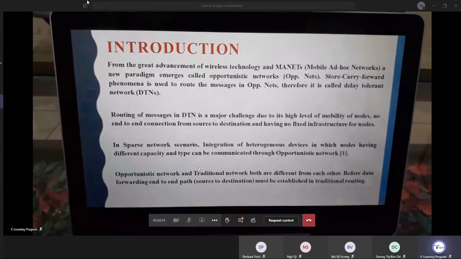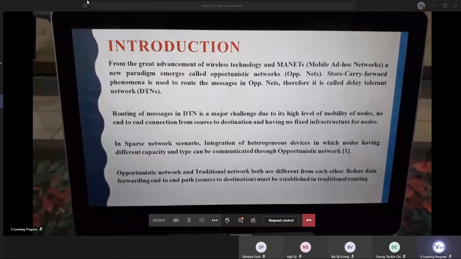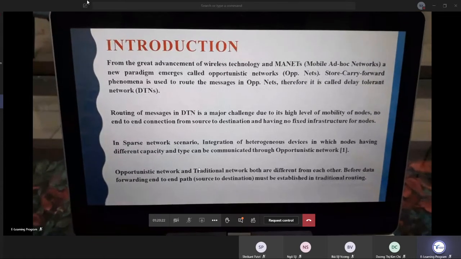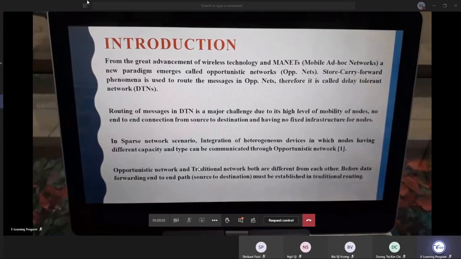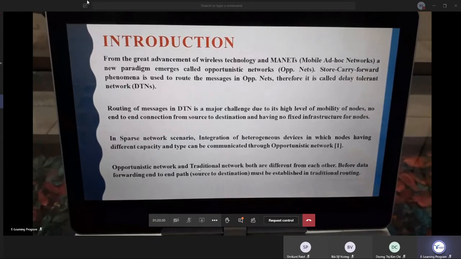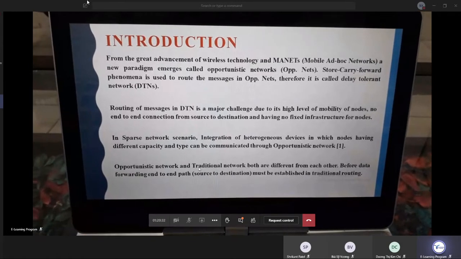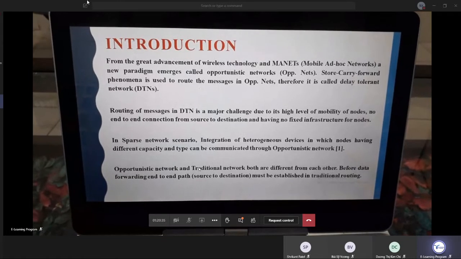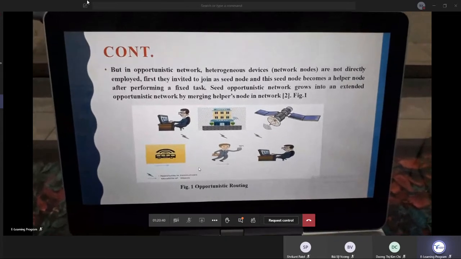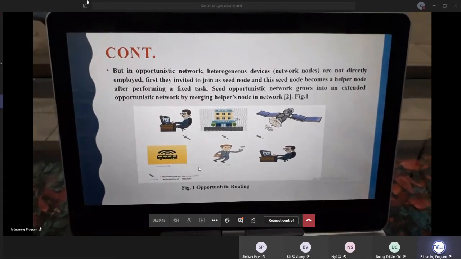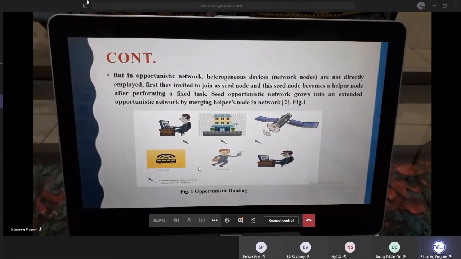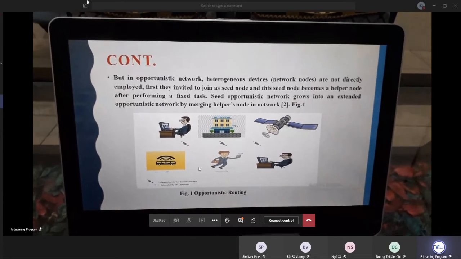Opportunistic network and traditional network are different from each other, but they also have some similarities. In traditional routing, before data forwarding, an end-to-end path must be established. But in opportunistic network, there are heterogeneous devices or network nodes which are not directly employed.